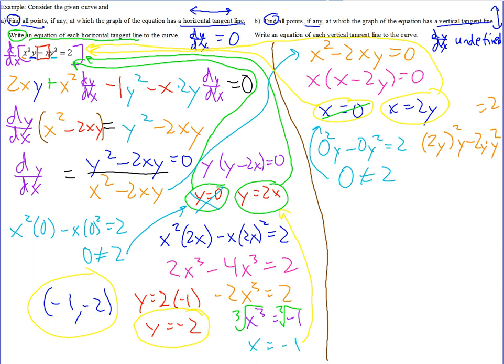Now let's simplify that and try to solve it. That'll give us 4y squared, and when you multiply by y, 4y cubed, minus 2y times y squared, which is 2y cubed, equals 2.